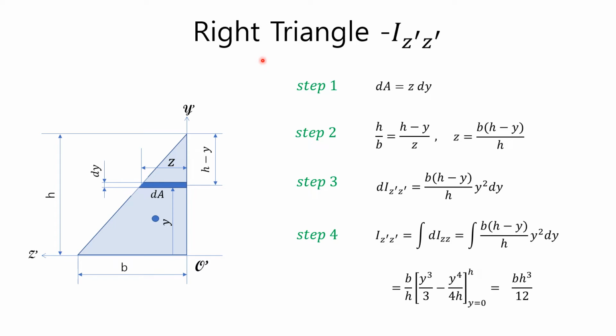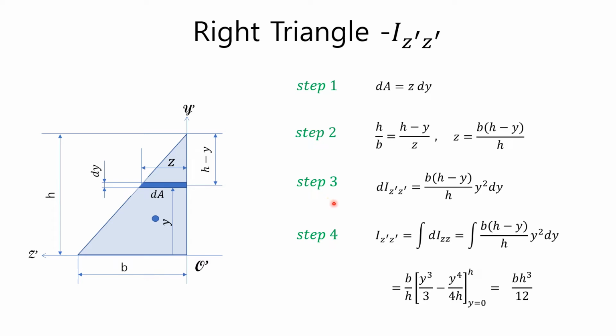Let's calculate the second moment of area for a right triangle. As step 1, we calculate the small area dA, which is the horizontal length z multiplied by the width of a strip dy, like this. And step 2, we formulate the equation for z in terms of the known dimensions. By similarity of two triangles, here we have a big triangle and a small triangle, z can be expressed in this equation.